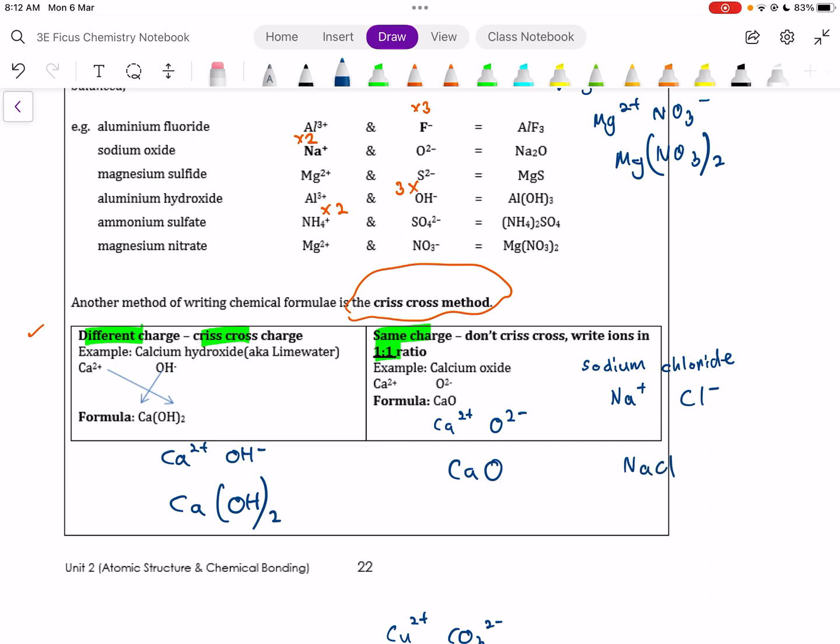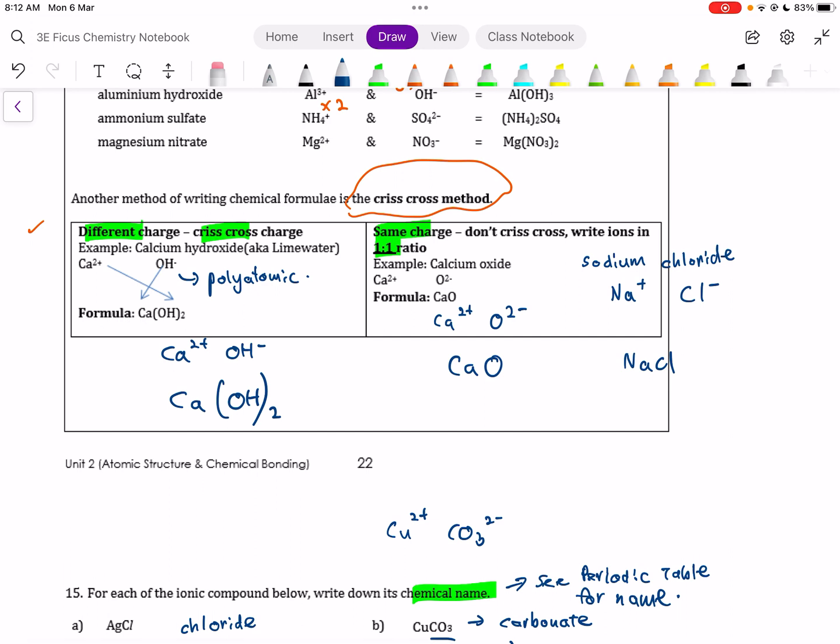This one is the same charge, so you don't care whether it's 2+ 2- or 1+ 1-; so long as it's the same charge you do 1:1. Then if it's a different charge and polyatomic, you need to put a bracket.